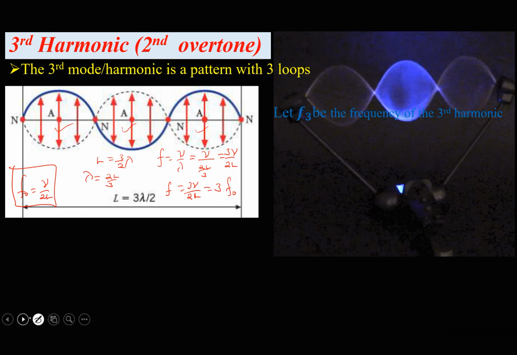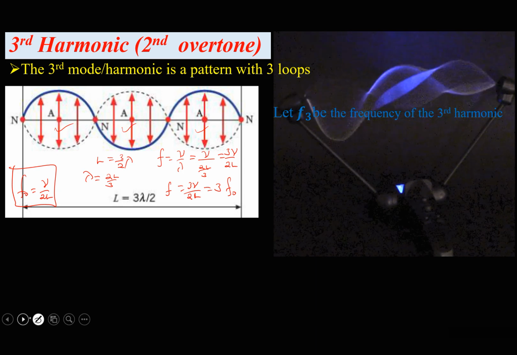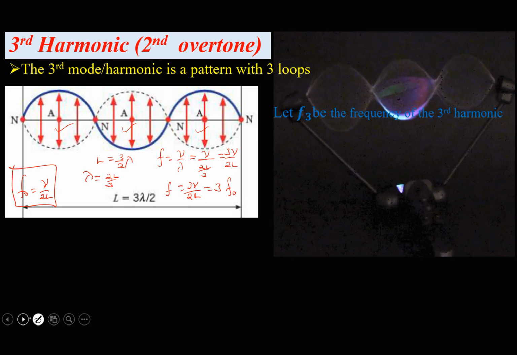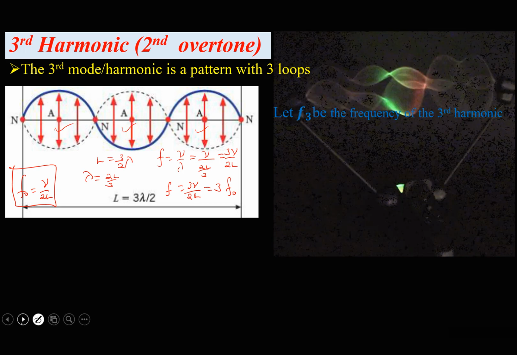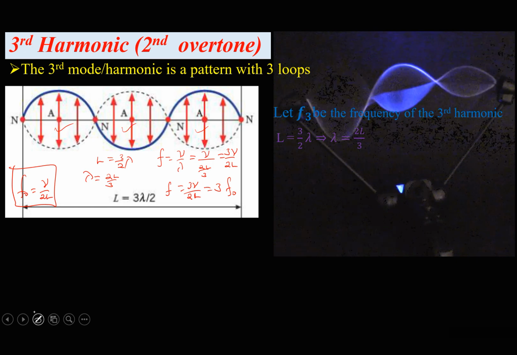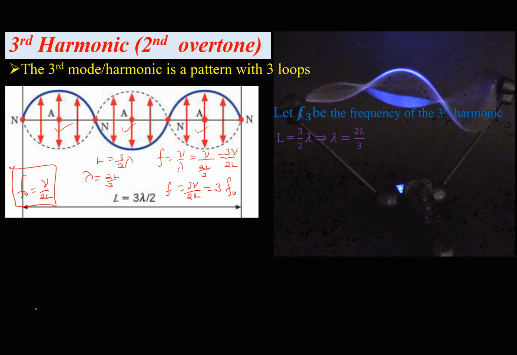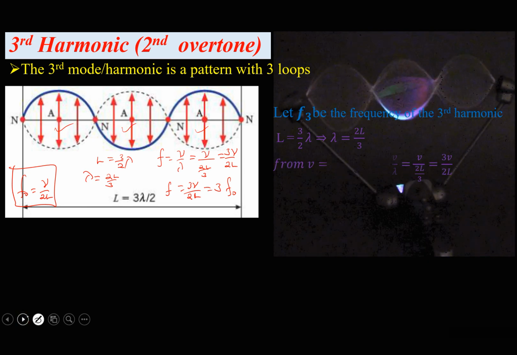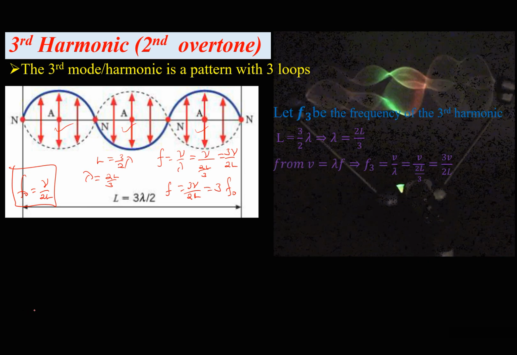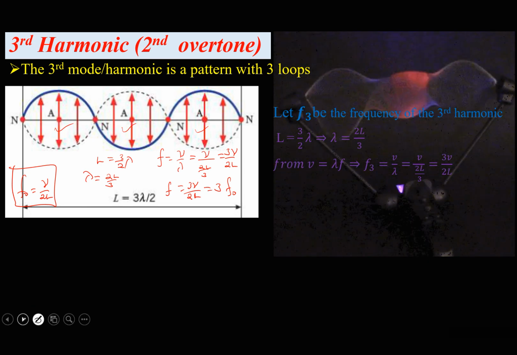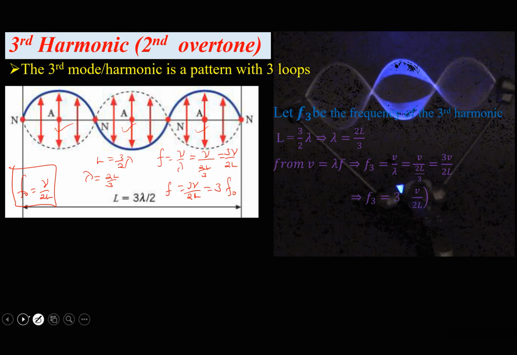So let F3 be the frequency of the third harmonic, and we have seen that L equals 3 over 2 lambda, which implies that lambda is 2L over 3. And from the equation V equals lambda times F, we got that F3 would be equal to 3V over 2L.